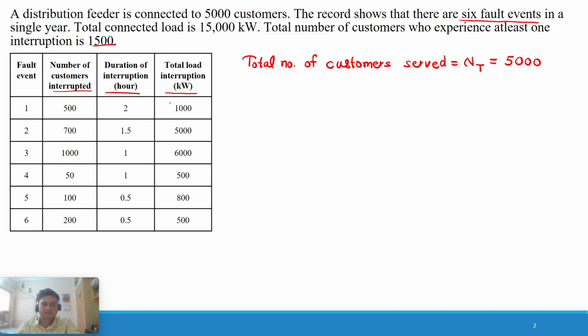The next term is the total number of customer interruptions.